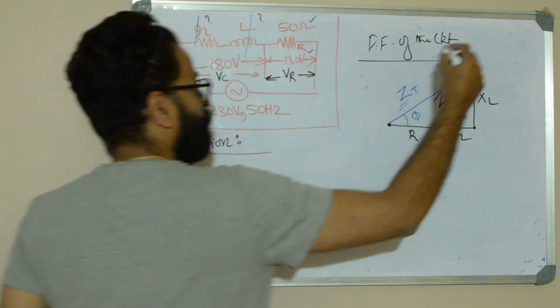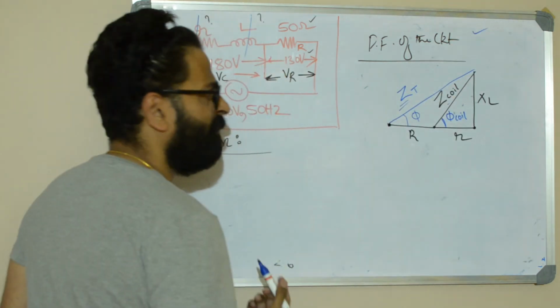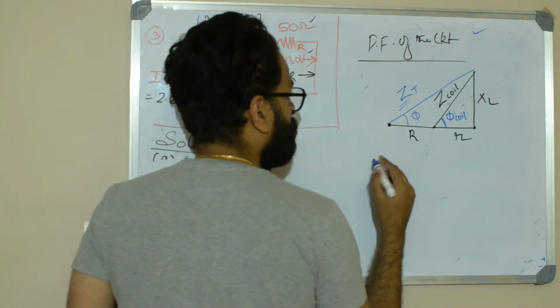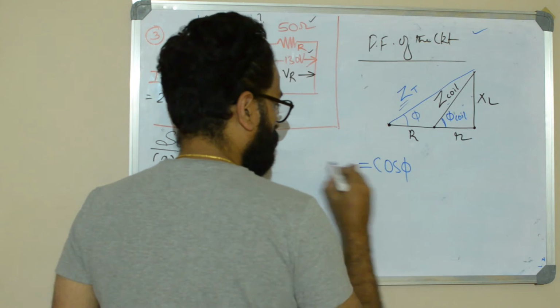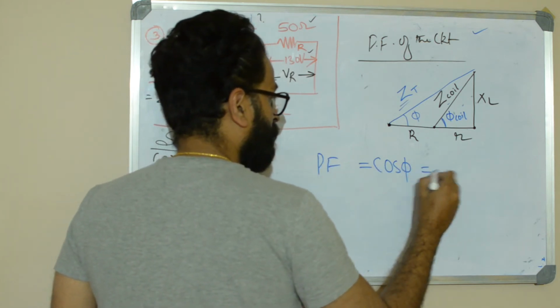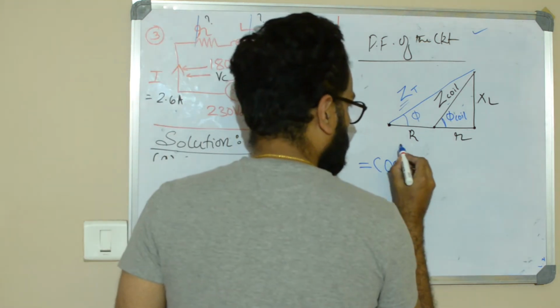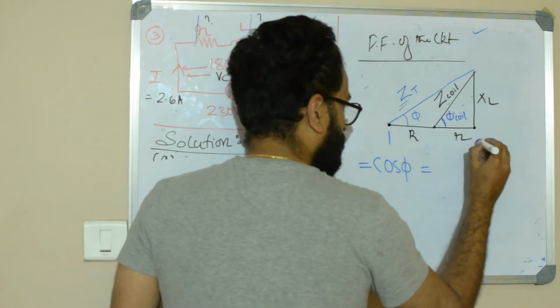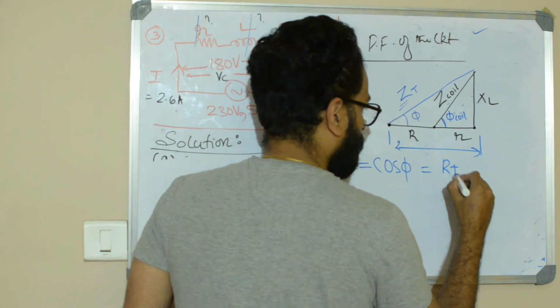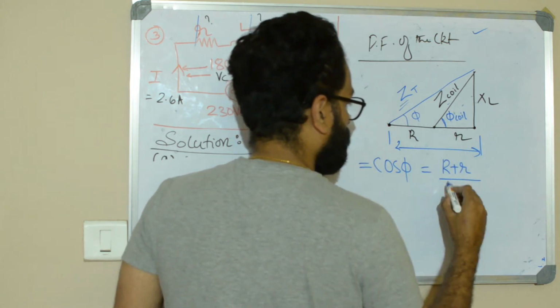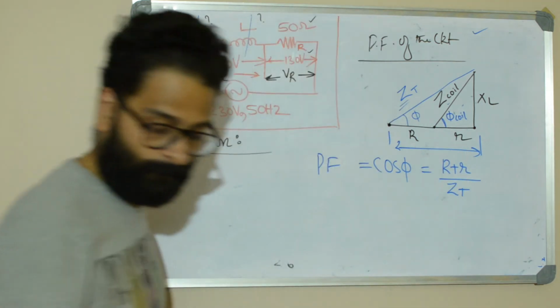You were supposed to find power factor of the overall circuit, so you can find it as cos phi, which is basically PF, and cos phi is equal to adjacent side. The adjacent side is basically this distance, which is R plus r, divided by Z total.